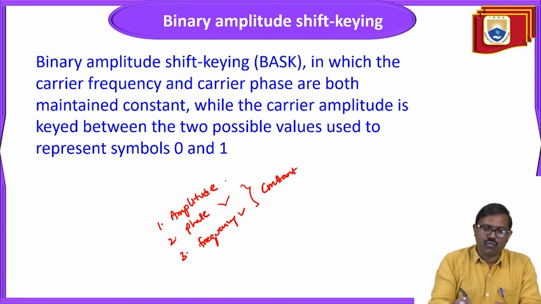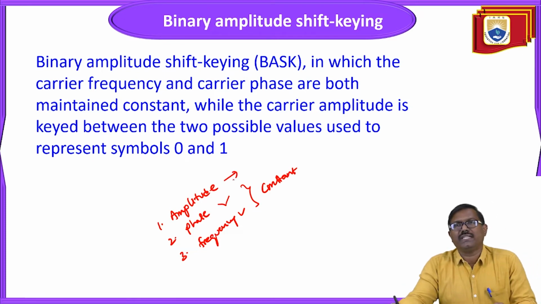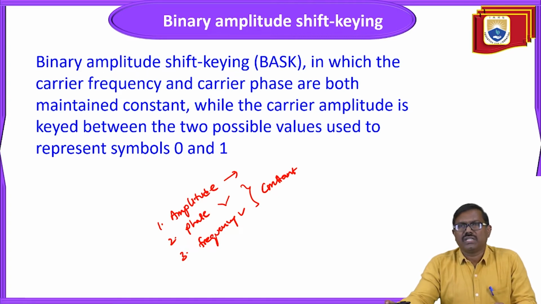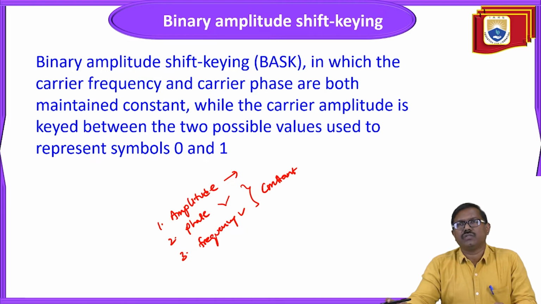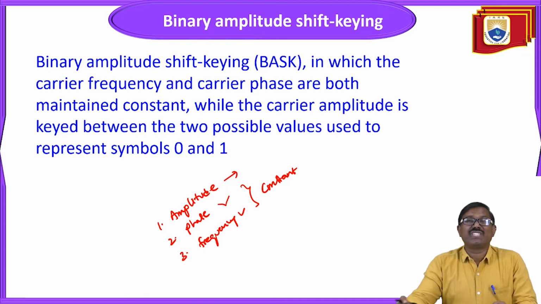I am varying only the amplitude. This carrier amplitude is keyed between the two possible values to represent symbols 0 and 1. Why? My data is in digital, binary form, so the carrier amplitude is switching between 0 and 1 only.